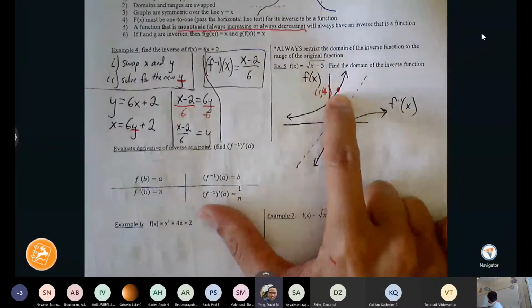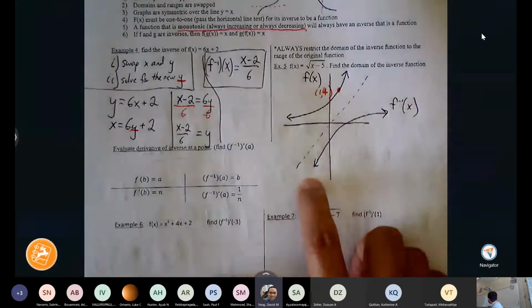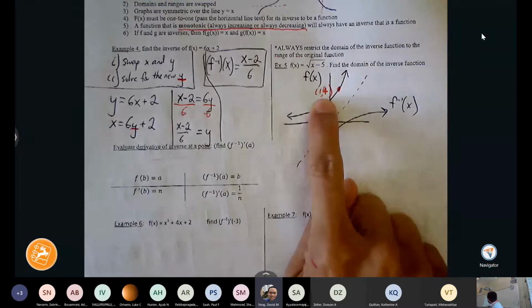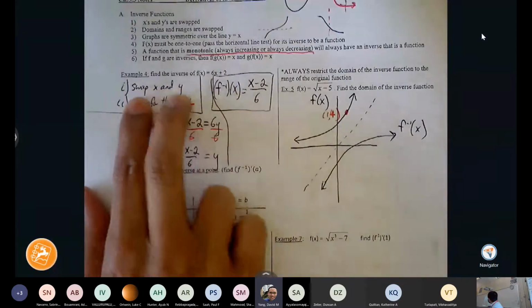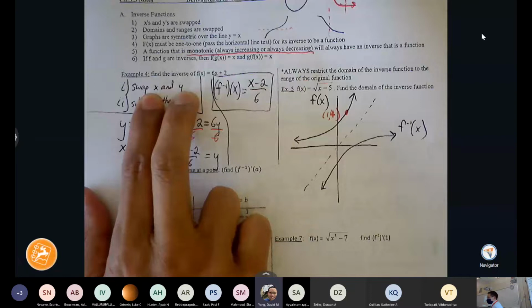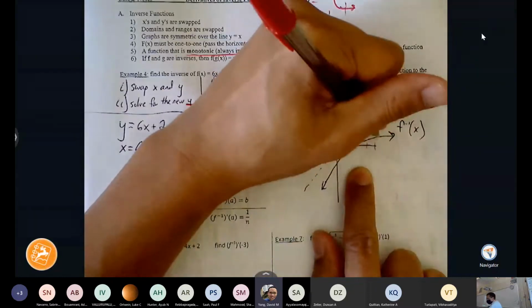So if there's an ordered pair that is (1, 4) on the function, guess what ordered pair has to live on its inverse function? All we do is swap the x and y. So just (4, 1), right? So here you can imagine this: 1, 2, 3, 4, (4, 1).